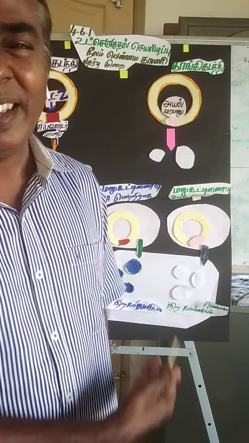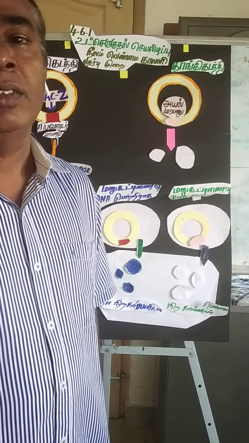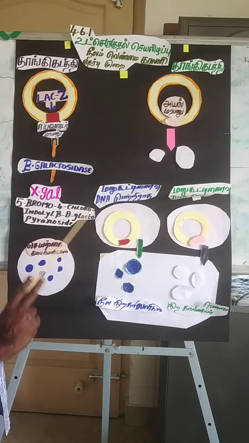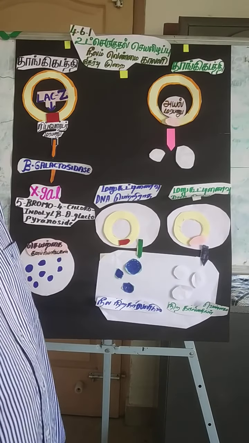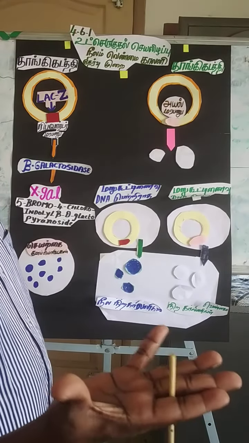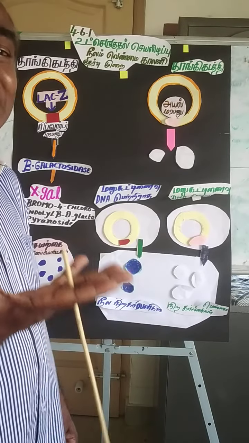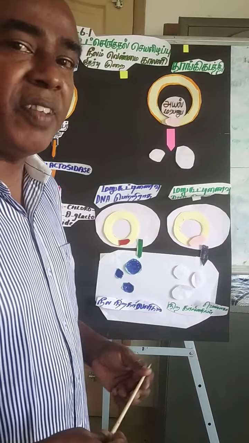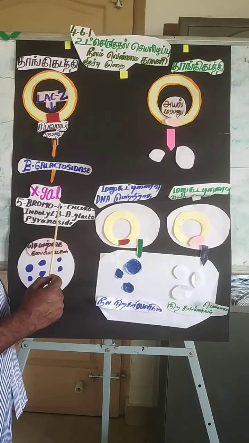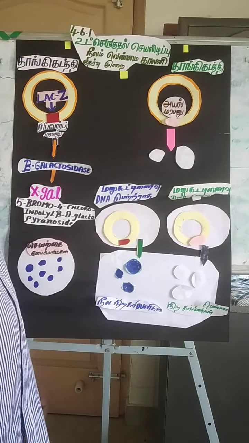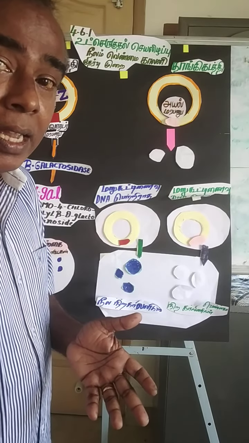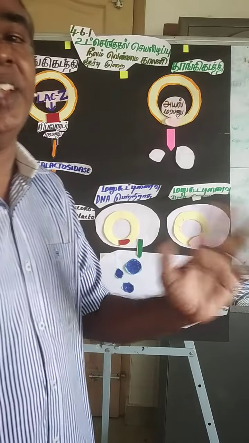So what is the role of this enzyme? This enzyme is responsible for breaking down an artificial or synthetic substrate. X-gal is a synthetic substrate. The full chemical name of X-gal is 5-bromo-4-chloro-indolyl beta-D-galactopyranoside.